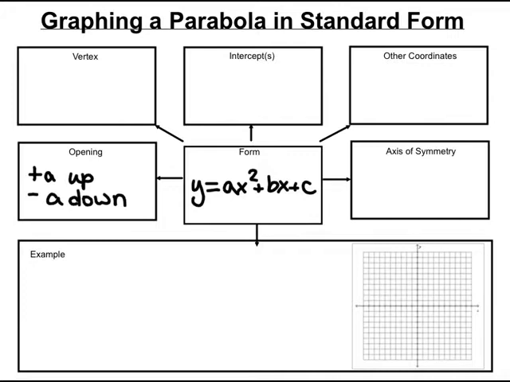To find your axis of symmetry, though, it's done a little bit differently. We actually have to use an equation for this one. It's x equals negative b over 2a. Once we have our axis of symmetry, just like before with intercept form, we substitute it in for x and we solve.